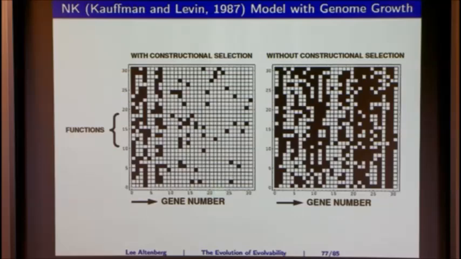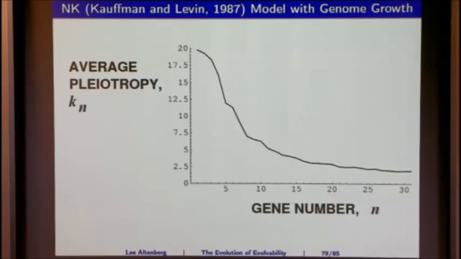And so by the time you get to gene 30, it only affects one of those functions. And so what's happening is that as the organism gets more and more adapted, you have to have smaller and smaller pleiotropy to be able to get into the genome. And here you can look at the average pleiotropy as the gene number goes up, and it starts out here, and it gets smaller and smaller and smaller.